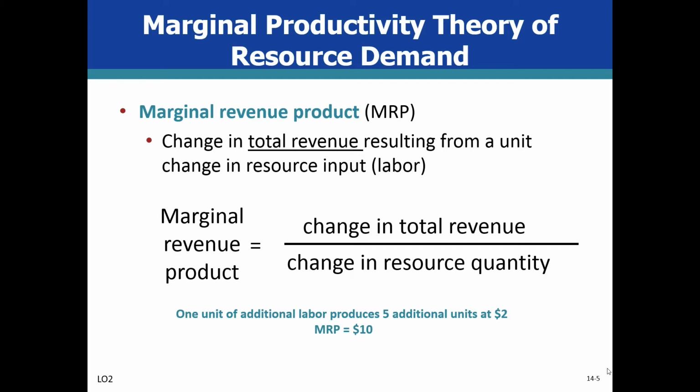And it just gives the example here down at the bottom of the page. Let's assume that one additional labor produces 5 additional units. And in the market, we're going to get $2 a unit. The MRP, the marginal revenue product for that worker, is $10.